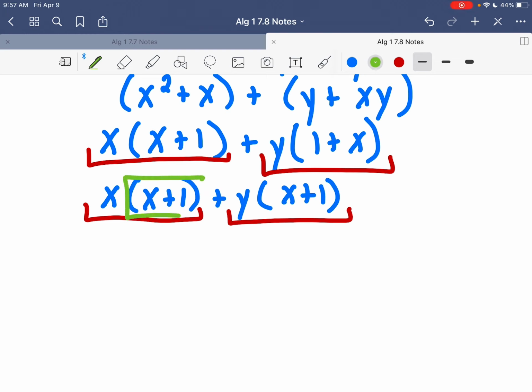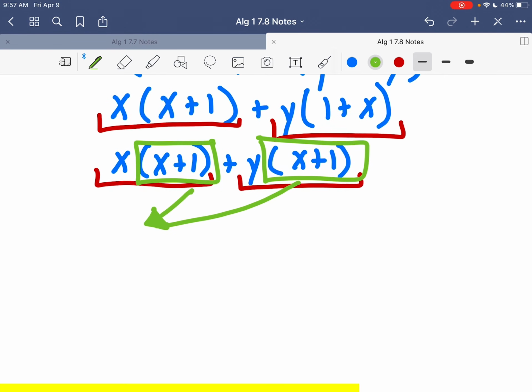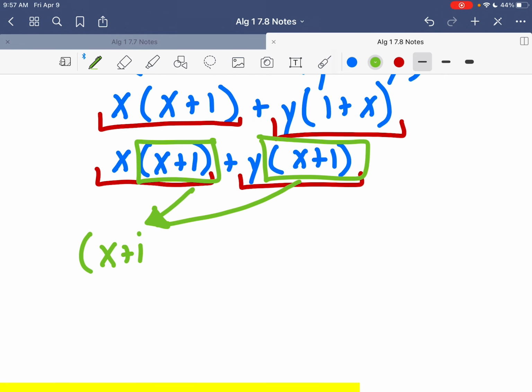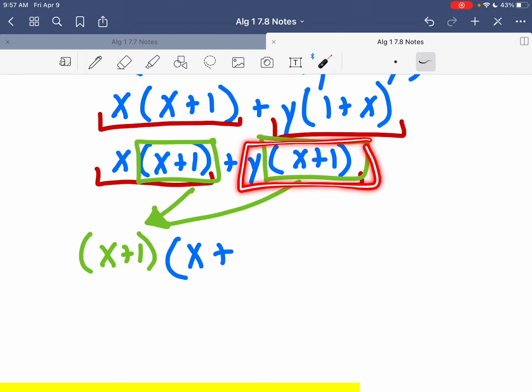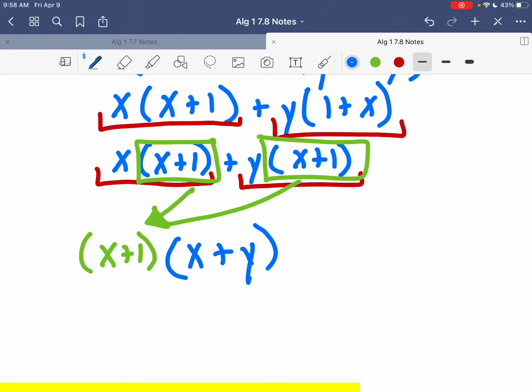So they both have this x plus 1. So again, I'm going to write this x plus 1 out front as x plus 1. And now x plus 1 times what gets me this first term? Well, times that x. Plus x plus 1 times what gets me this? The y. So there is my factored form.